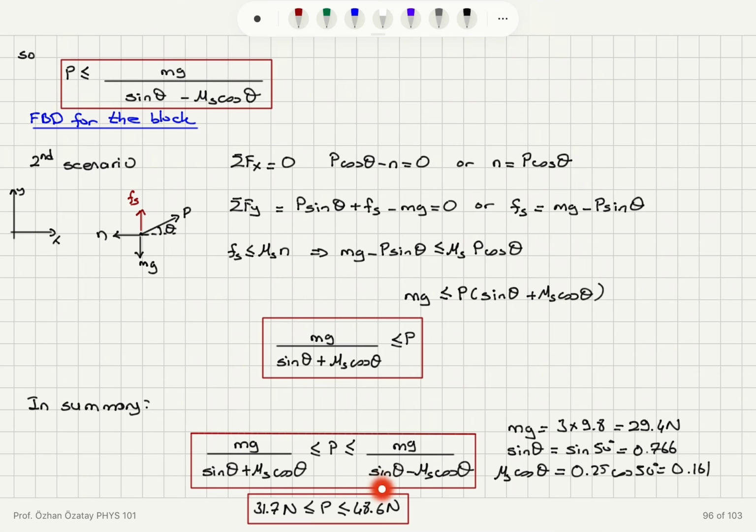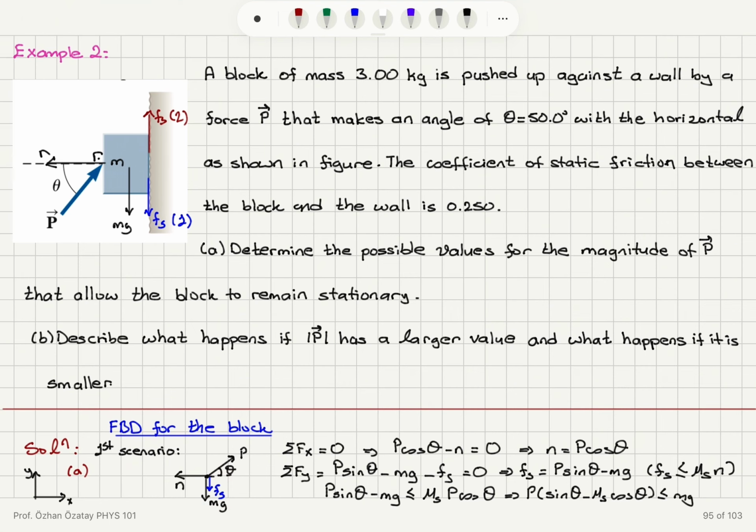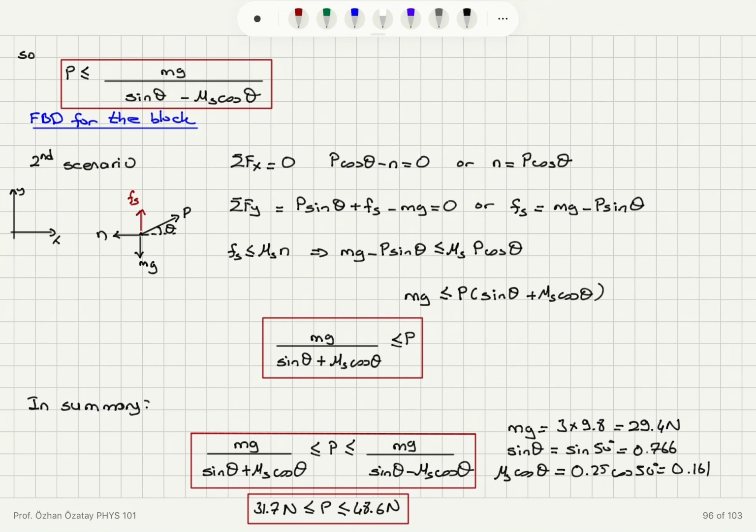And we see that if P is too high, then it's going to initiate a motion in the upward direction. The static friction will become kinetic, pointing downward. If P is too low, then the weight will initiate a motion in the downward direction. Kinetic friction will be pointing up.